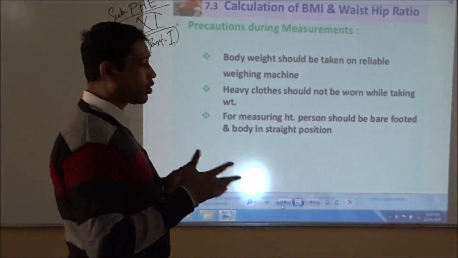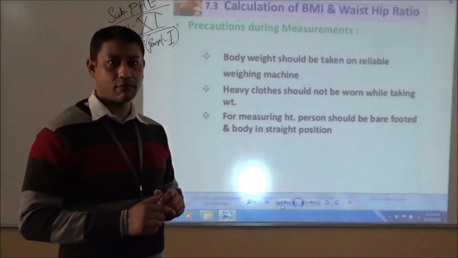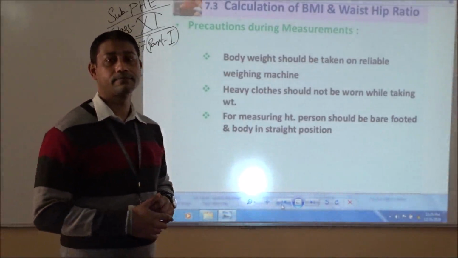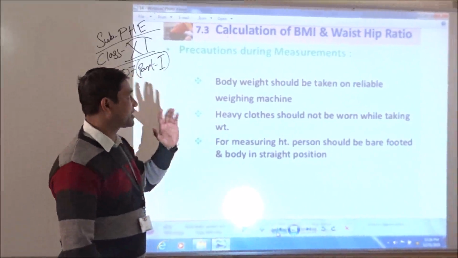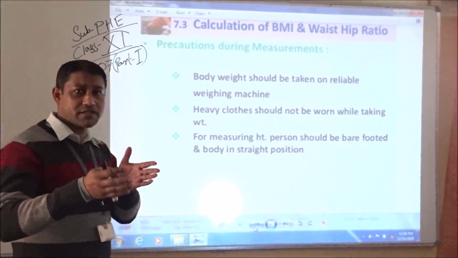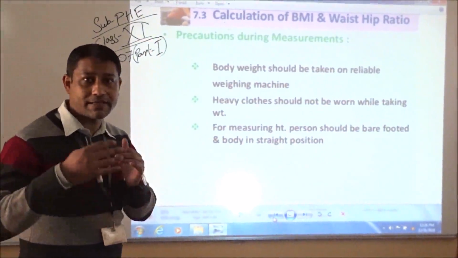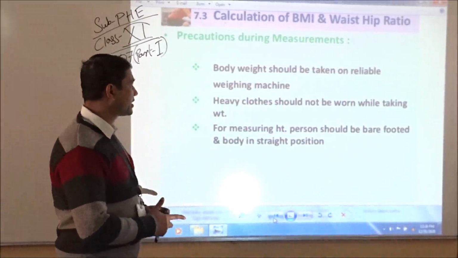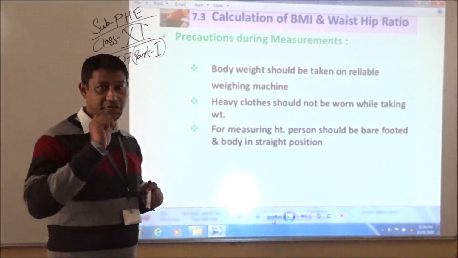Now, some of the precautions that we need to take care of while taking the measurement for body mass index. Students, we were discussing various precautions that need to be taken care of during the measurements for body mass index. The first one is body weight should be taken on a reliable weighing machine.